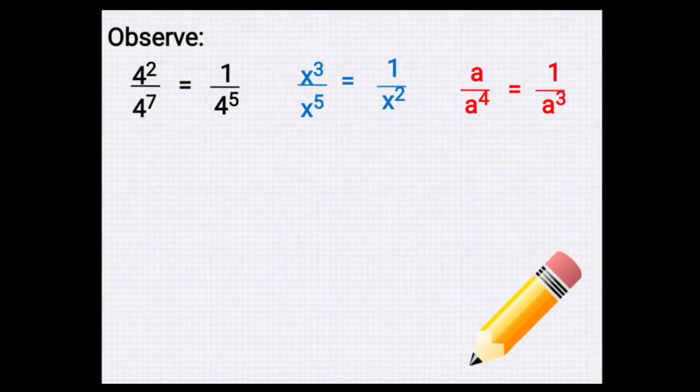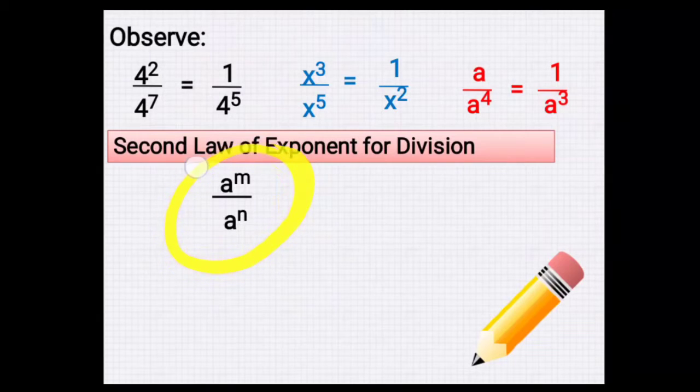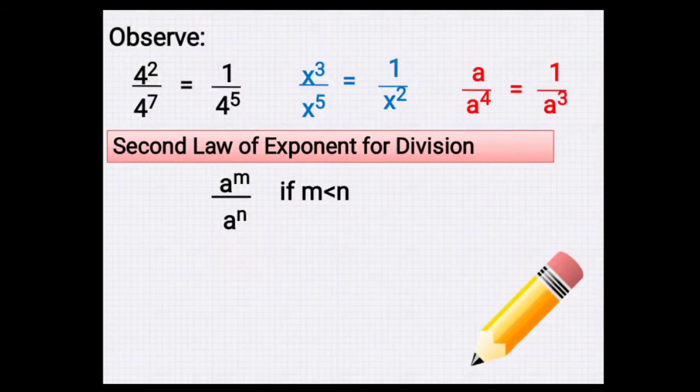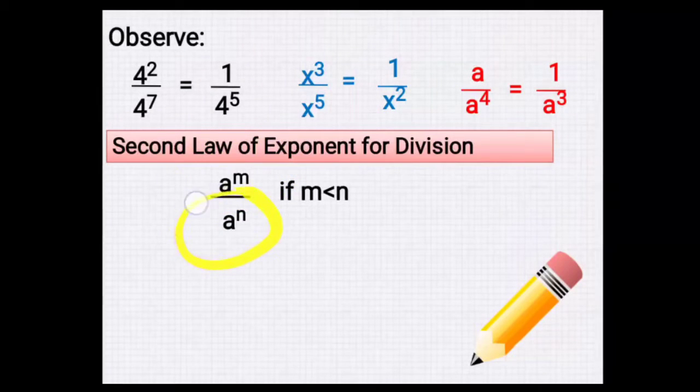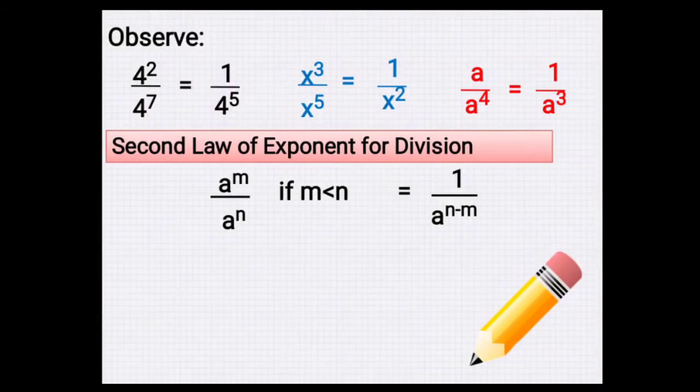In that case, we use the second law of exponent for division, which states that knowing that the expression has the same base, what you are going to do is to subtract the exponents. But you have to take note that m is less than n, okay? So on our second law, if the exponent of the numerator is less than the exponent of the denominator, therefore your answer should be in this form: 1 over a raised to n minus m.